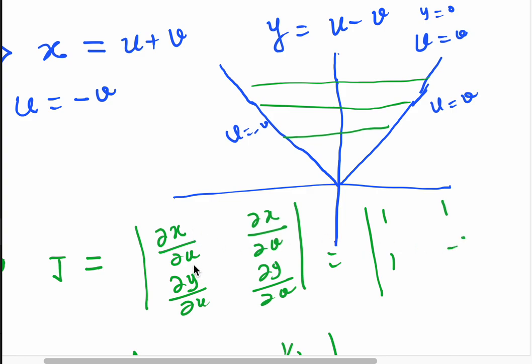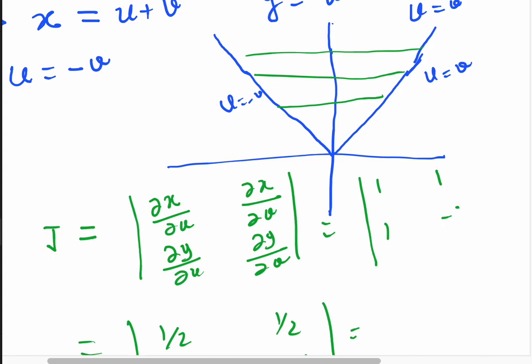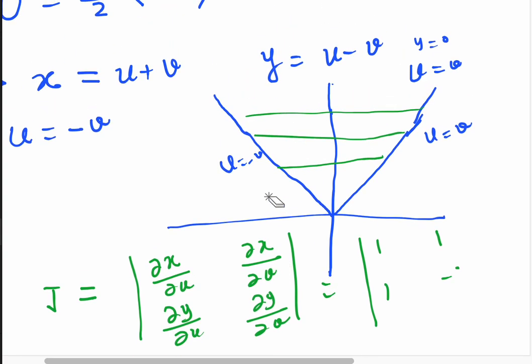So whatever that is, this is actually minus 1, this is plus 1, it will be. So this will become 2.